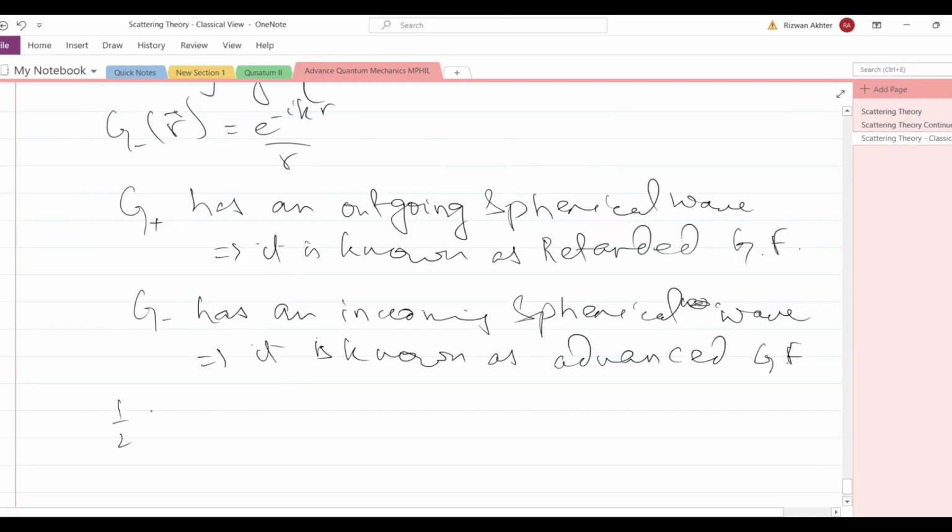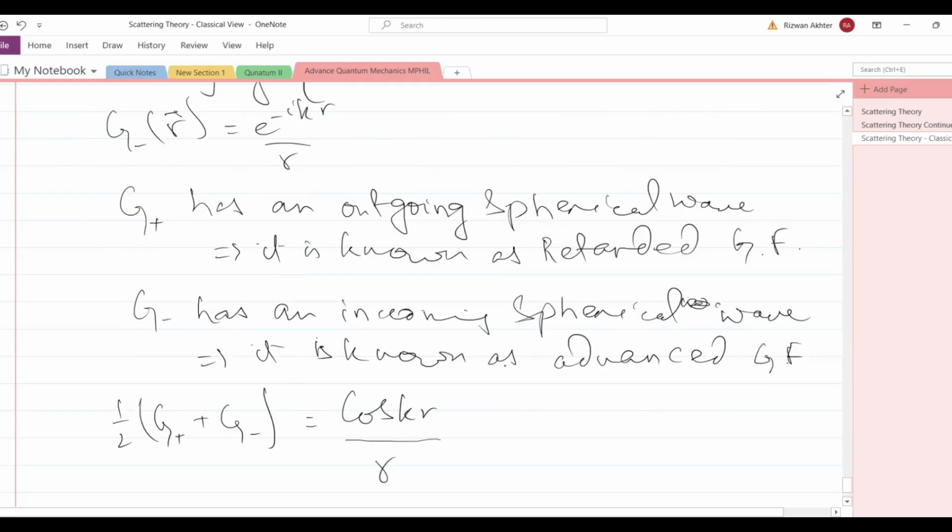So half of G plus plus G minus, you can write as cos of kr over r. If we substitute their values, we would have in fact this quantity, and what will this be?